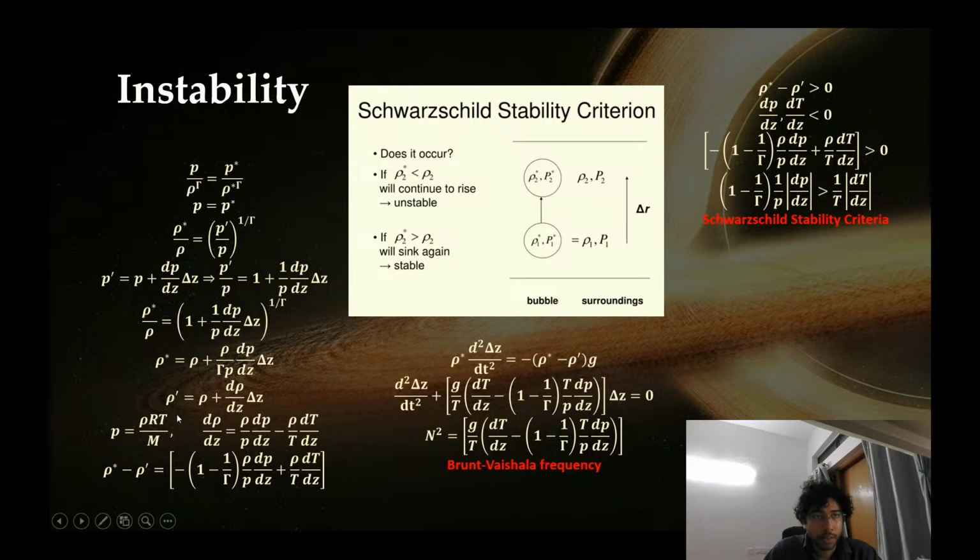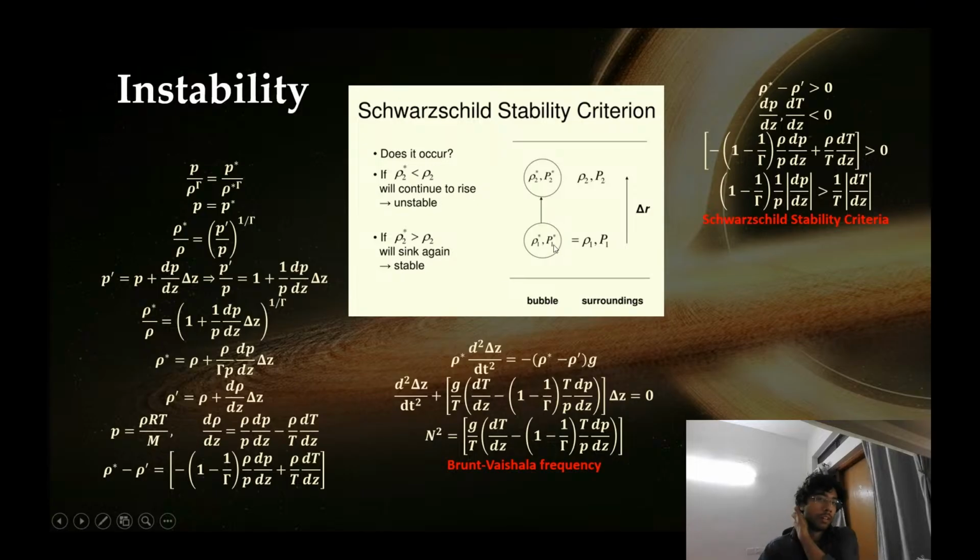On the other hand, we can also get rho prime, which is the surrounding density in this region. Okay, so rho star is basically the density of the bubble at this height, and we considered that the density of the bubble at this height was similar to the density of the surroundings, so that is rho.